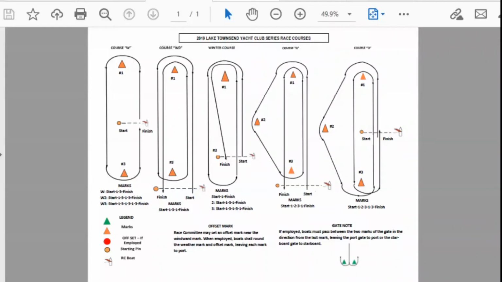Share the diagrams. Based on Eric's earlier comments, I counted the number of times around the weather mark rather than the leeward mark. And some clubs designate it that way. A WD1 would be one time around the weather mark and no times at all around the leeward mark.